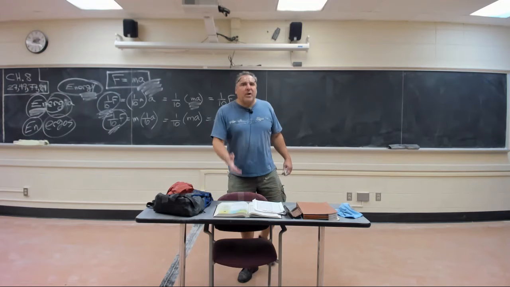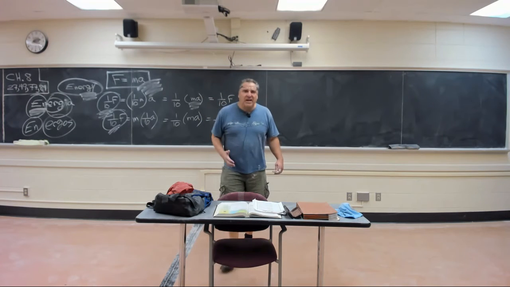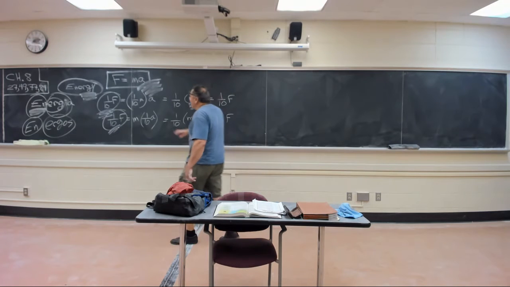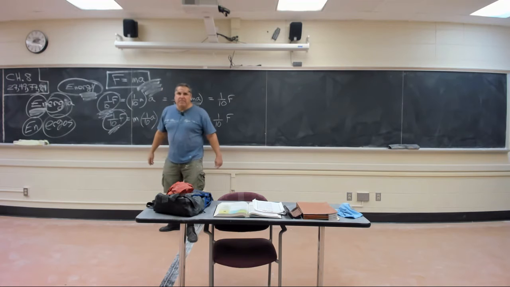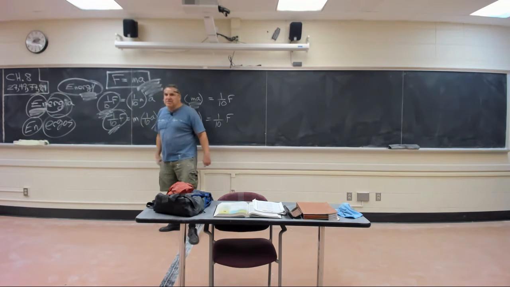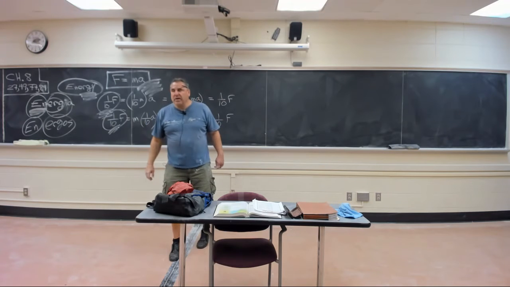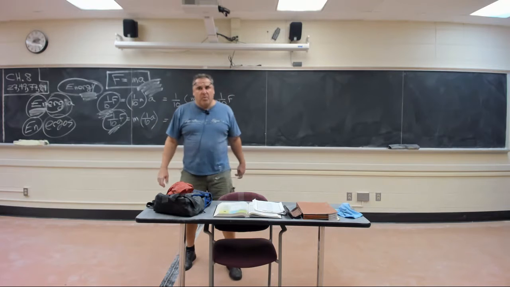And you don't do a lot of work if you don't exert a lot of force and don't exert it over a lot of distance. It's kind of analogous to this guy. If M and A are both very big, F is going to be a big answer. If M and A are small, F is going to be small.